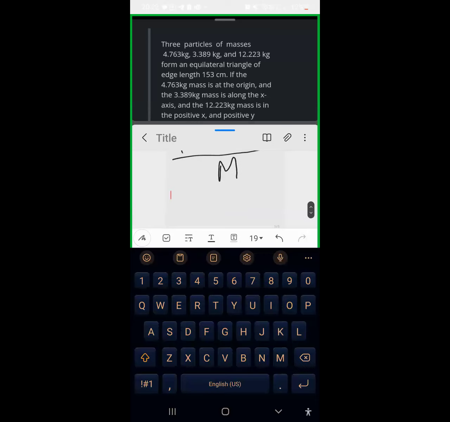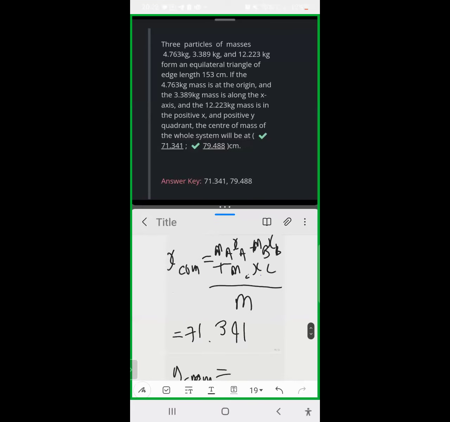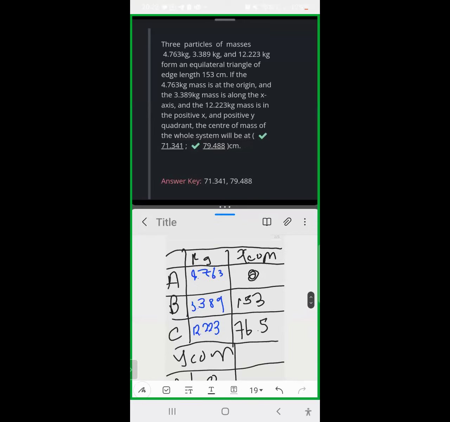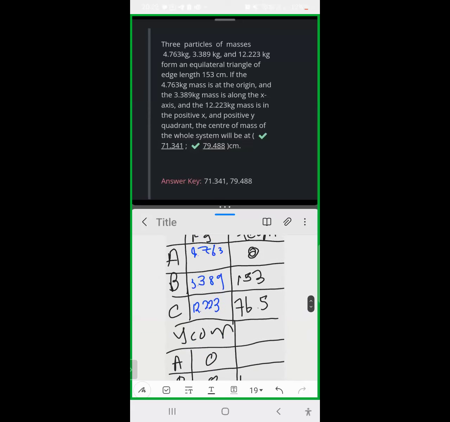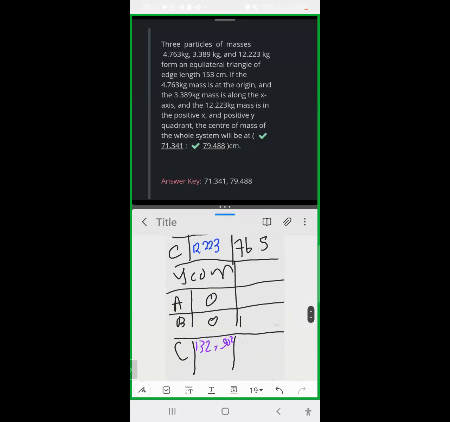Even for this one, we have everything on our table. The mass is 4.763 for A and its y coordinate is 0. For B, its y coordinate is 0. The mass is 3.389, C is 12.223, and its y coordinate is 132.502.